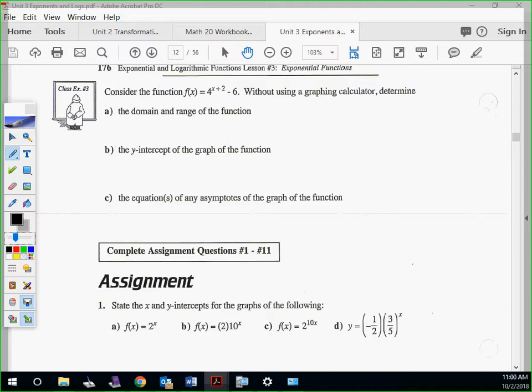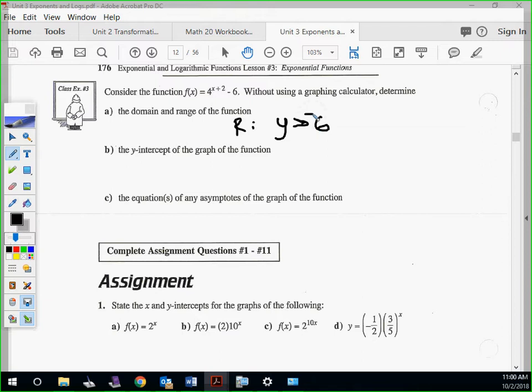So we got to remember this is what I'm talking about. We moved. So we got to ask ourselves, let's do the range first. What do we do vertically? We move down 6. So my range is no longer greater than 0. It's greater than... okay, so range y is greater than 6. Negative 6, yep, sorry.